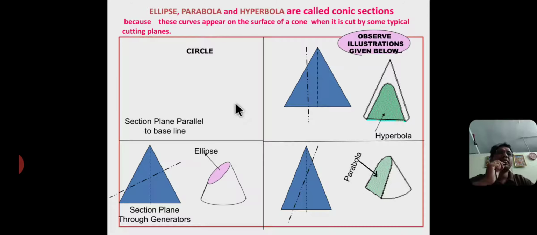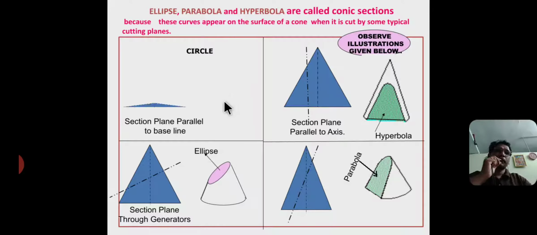Similarly, in case of circle, the section plane cuts all its generators, but the angle between section plane and axis of the cone is 90 degrees.